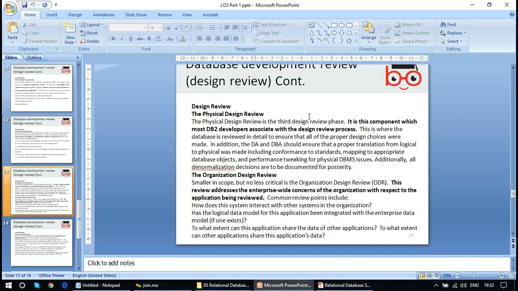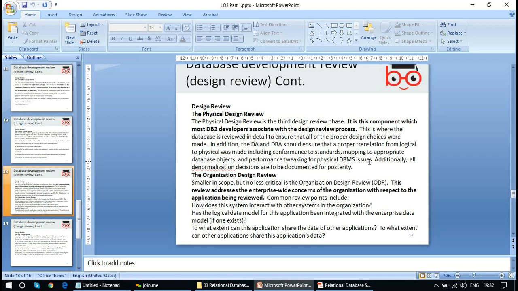Okay, so the third review is the physical design review. This is where the database is reviewed in detail to ensure that all of the proper design choices were made. In addition, the DA, data administrator, and database administrator, should ensure that a proper translation from the logical to physical was made, including conformance to standards, mapping to appropriate database objects, and performance tweaking for physical database management system issues.